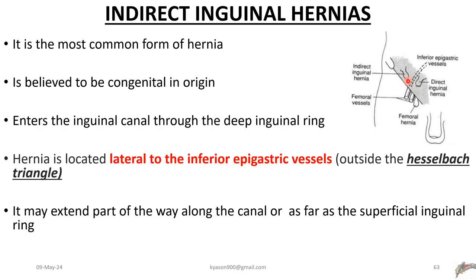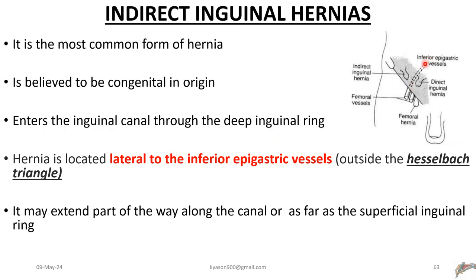We know that the deep inguinal ring is lateral to the inferior epigastric vessels, and we have said that in these hernias, structures are going to go through the deep inguinal ring. So obviously, from that point, you can appreciate that this hernia is going to be located lateral to the inferior epigastric vessels.